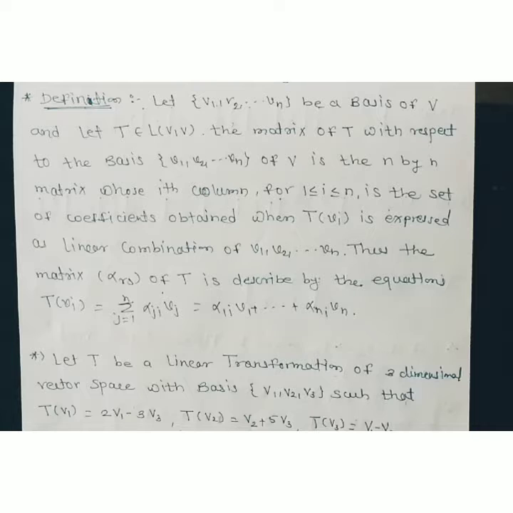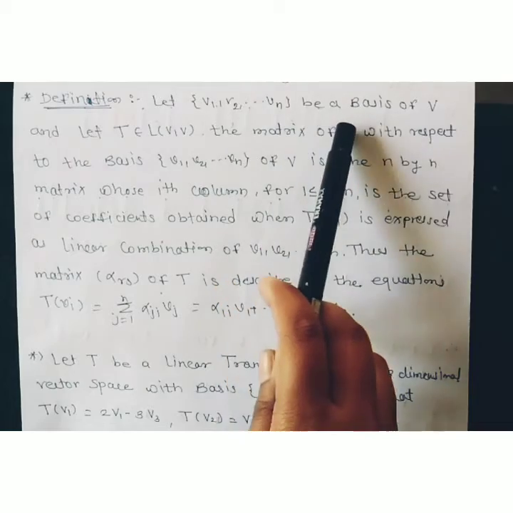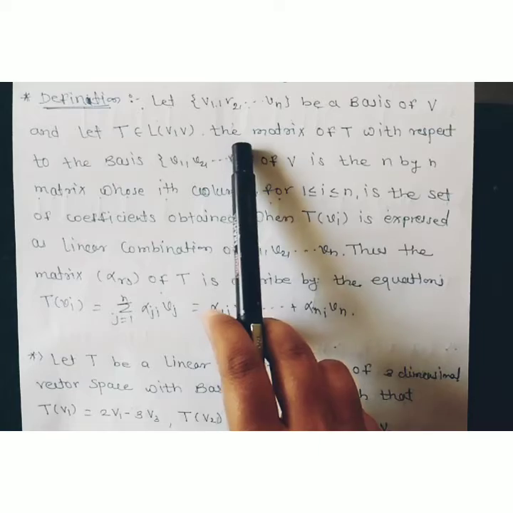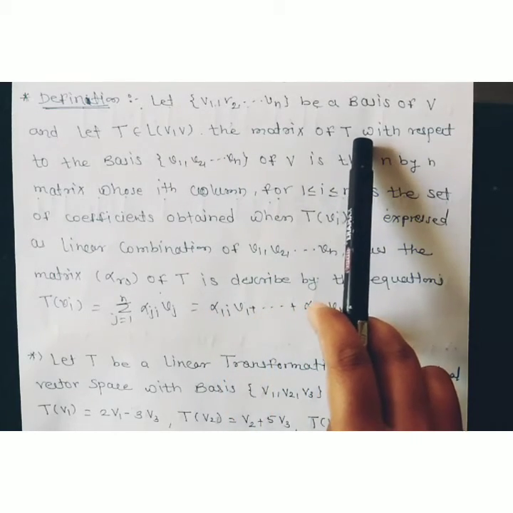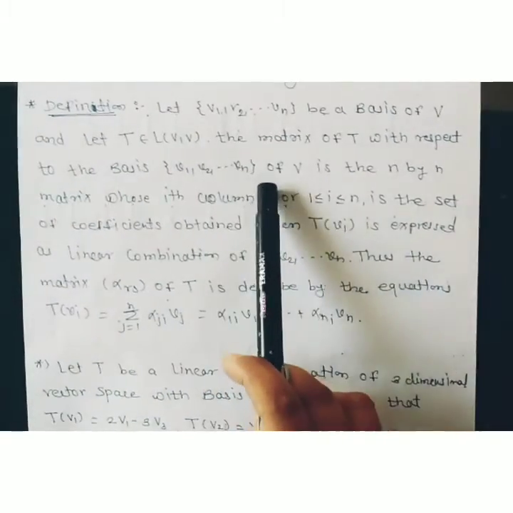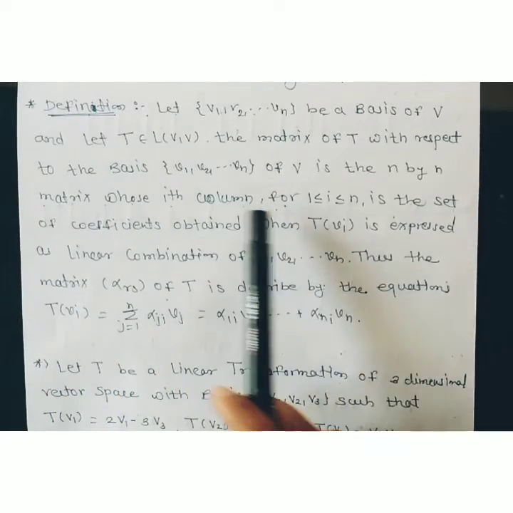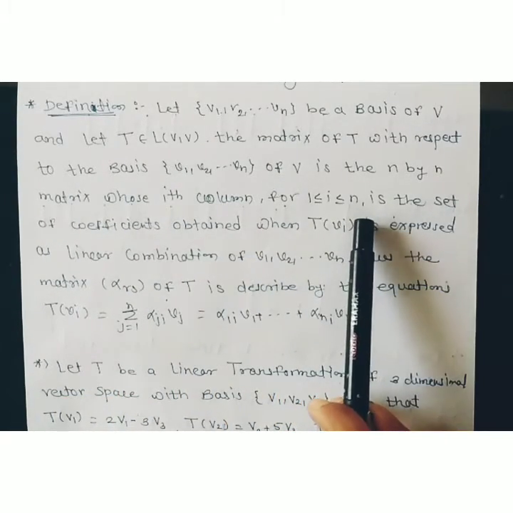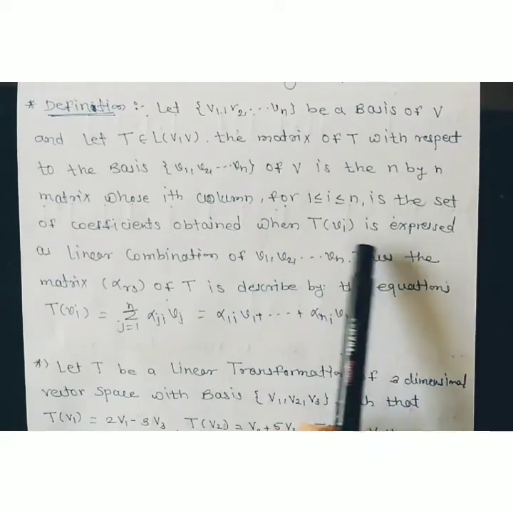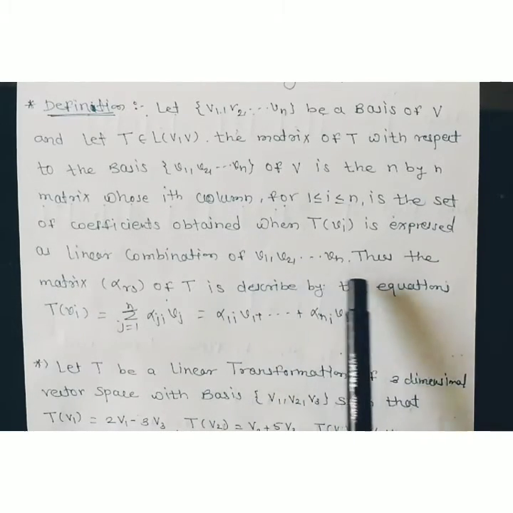The definition is: let v1, v2, up to vn be a basis of V and let T belong to L(V,V). The matrix of T with respect to the basis v1, v2, ..., vn of V is the n by n matrix whose ith column, for 1 ≤ i ≤ n, is the set of coefficients obtained when T(vi) is expressed as a linear combination of v1, v2, ..., vn.